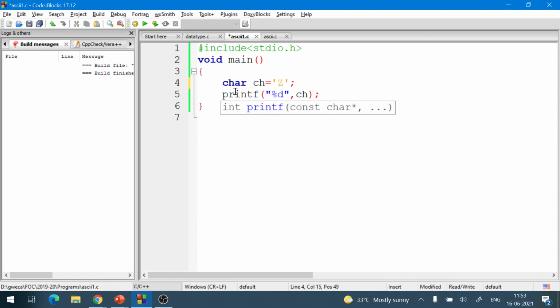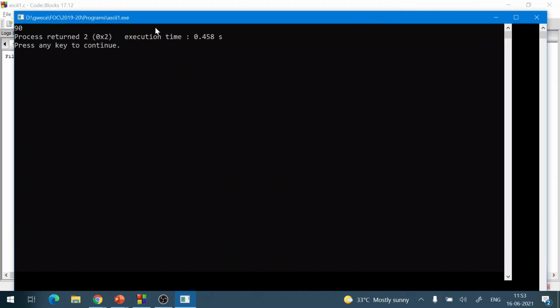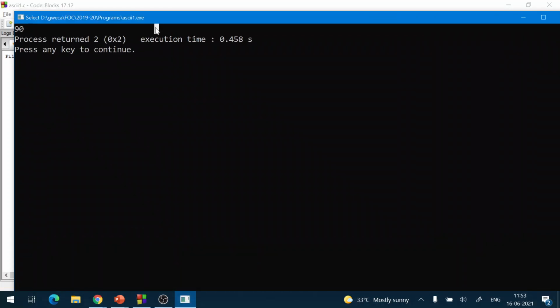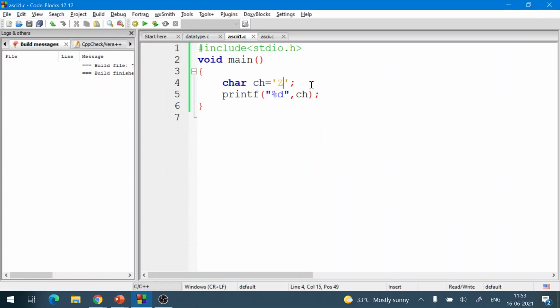And if I print capital Z, for capital Z it is 90. What does it mean? It means that capital A to Z is 65 to 90. This is the first thing that we are able to note. Now small a, let us see small a.